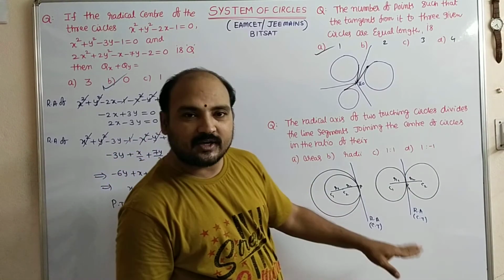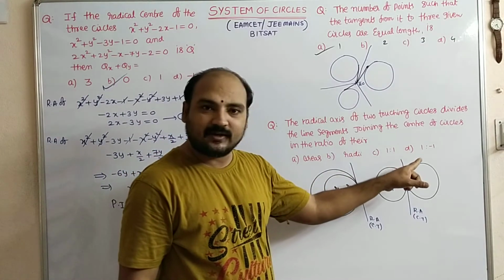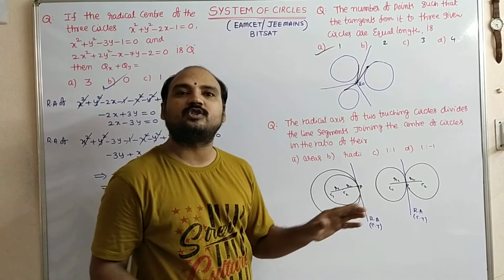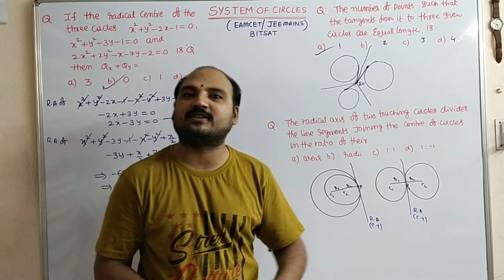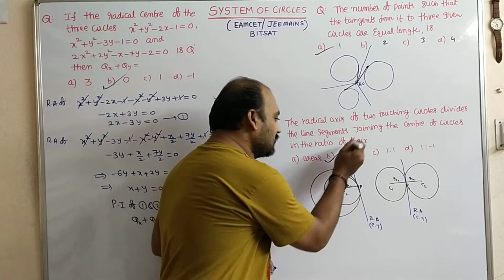Ultimately, from these two cases, we conclude that the line joining the centers is divided by the radical axis in the ratio R1:R2, whether internally or externally. So the ratio of their radii is the right answer.